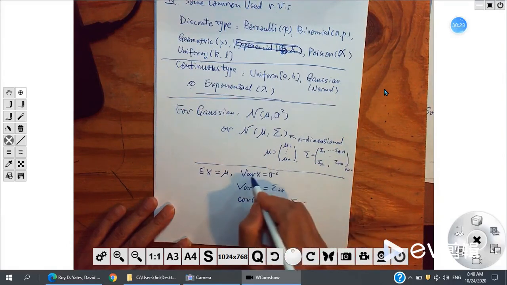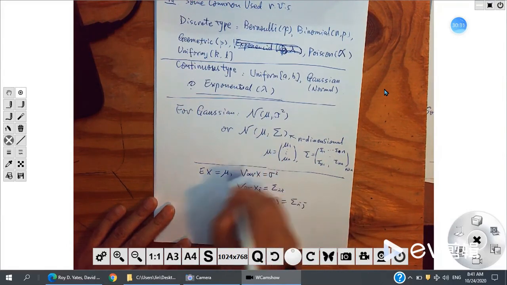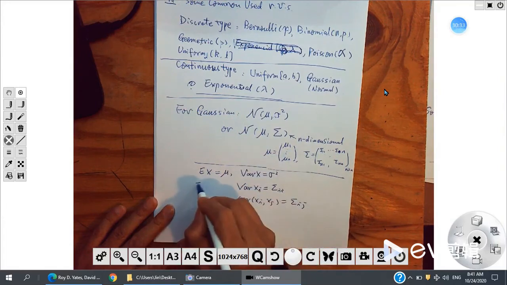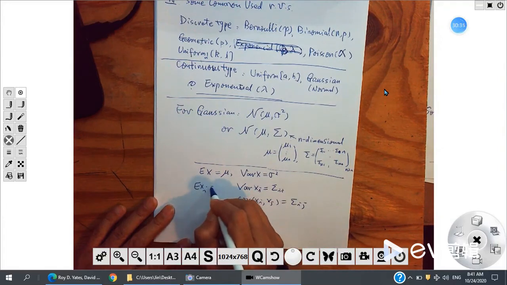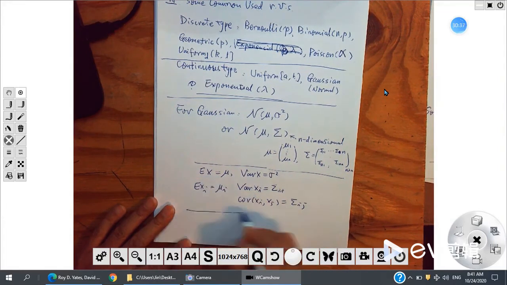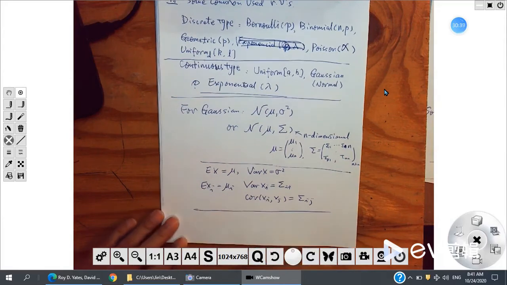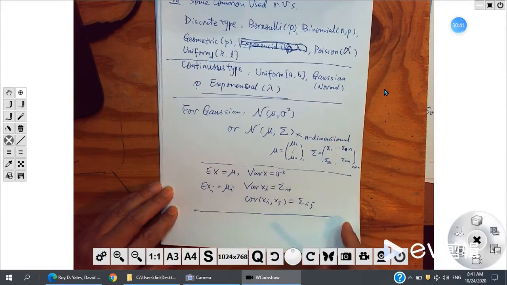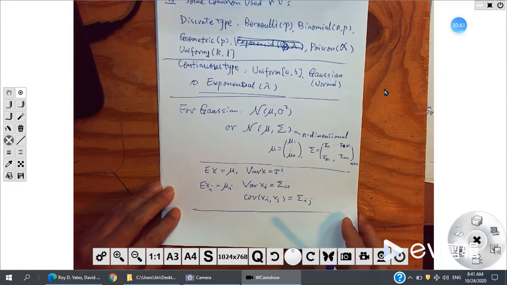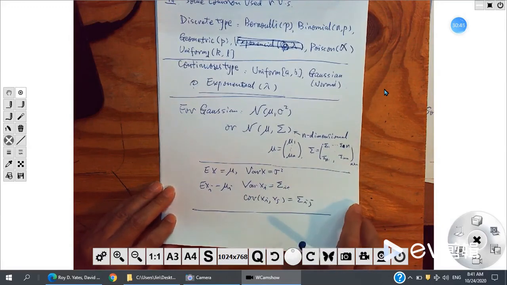The expectation value in the multiple case, E[xi] is mu i. This is for some commonly used distributions.